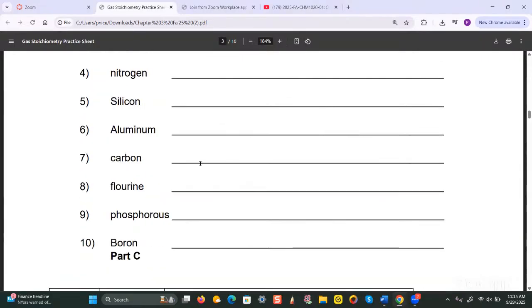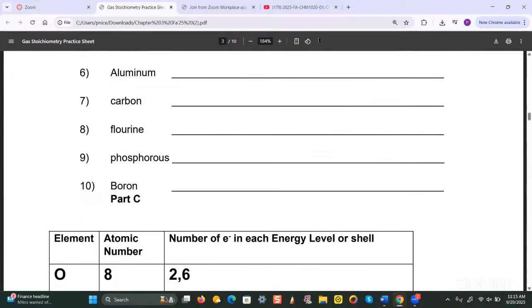Okay. Aluminum. Now, if I remember correctly, aluminum has an atomic number of 13, right? So if aluminum is 13, then how many electrons go into the first shell? 2. And then the second shell?